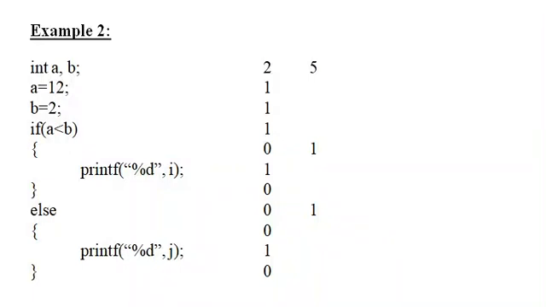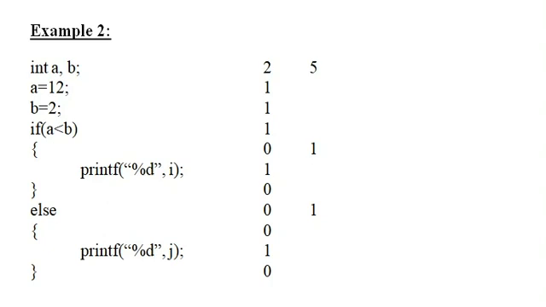Now the system is checking whether a is less than b or not. For this checking, 1 unit of time is taken. Then for each printf statement, 1 unit of time is taken, and for the braces no time is required.